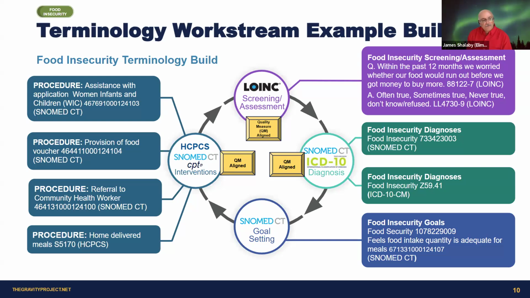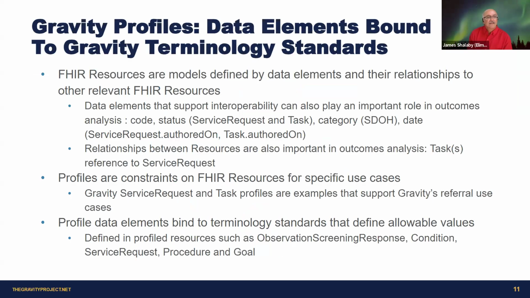And that workflow also is supported by a collateral set of data elements and profiles from Gravity in which the terminology plays a very important role. So if we go to the next slide. Okay, so Gravity profiles, just a quick summary of Gravity profiles and how terminology fits in that picture.